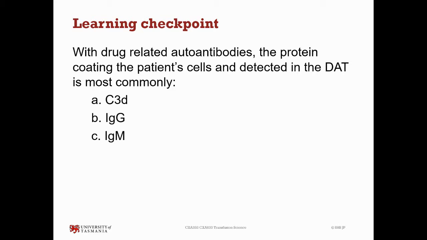Any advances on A? Any advances on B? Okay, the common consensus is B, and that is correct. Most commonly they're IgG with our drug-induced DATs.